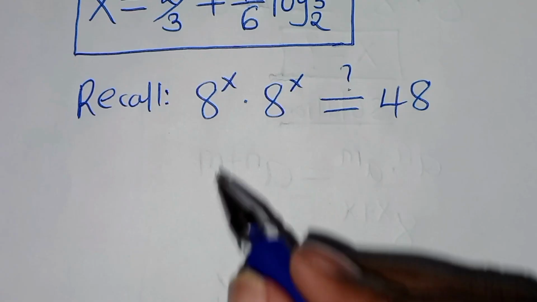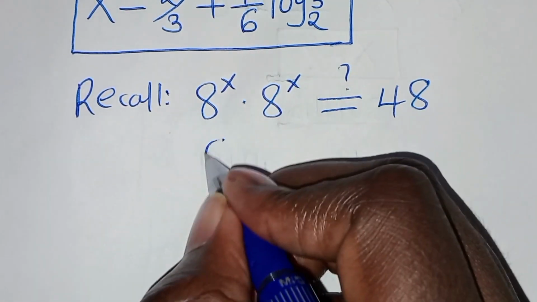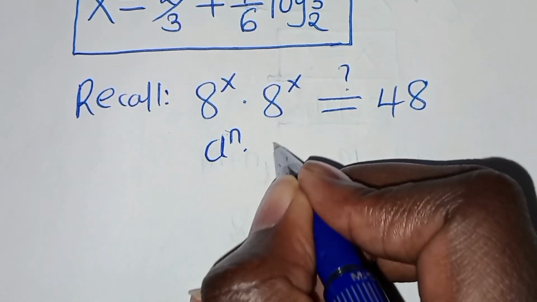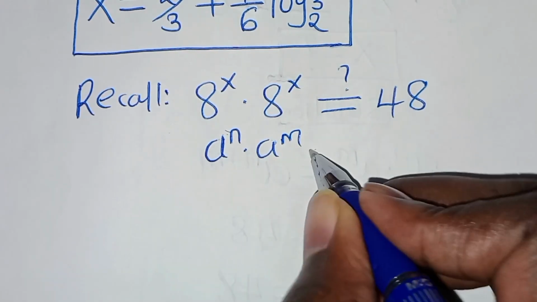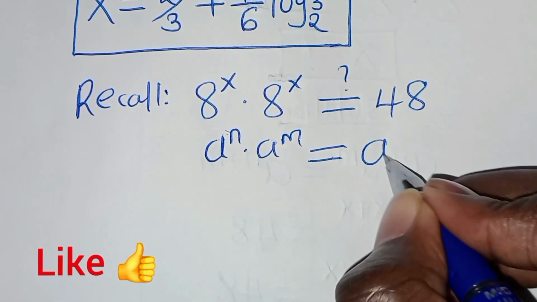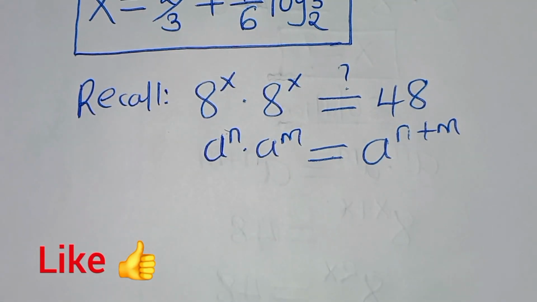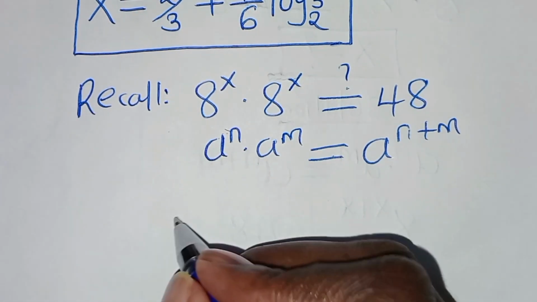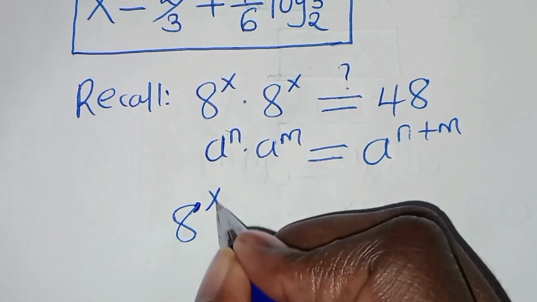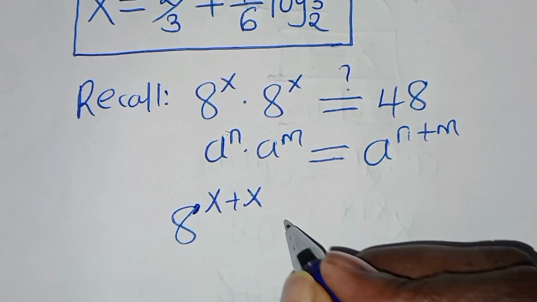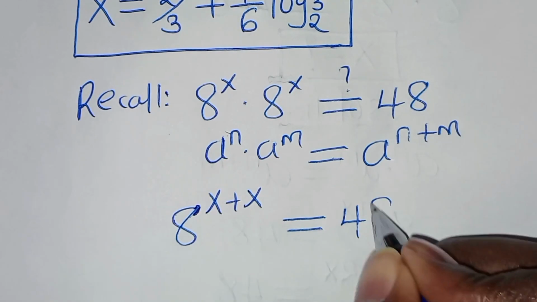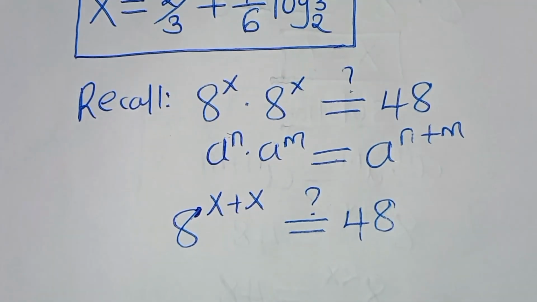So remember, this exponential equation is in the form of 8 to the power of n times 8 to the power of m, which we can express as a to the power of n plus m. So this implies here we have 8 to the power of x plus x, and this is supposed to give us a value of 48.